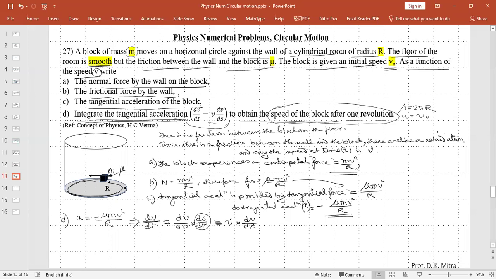That means this acceleration a is given here as minus mu v square by r.